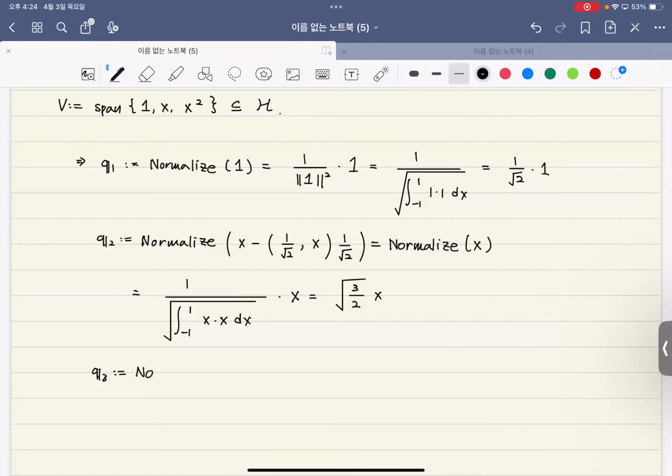And Q3: I have to normalize x squared now, minus the Q1 component of x squared, and minus the Q2 component of x squared.